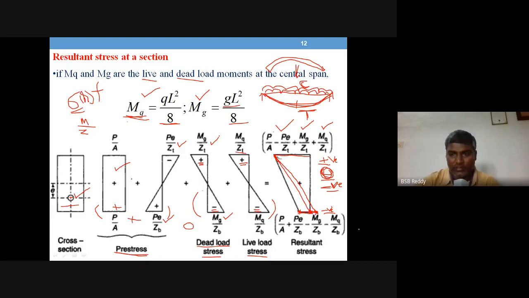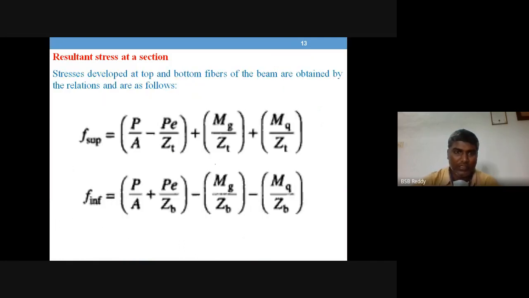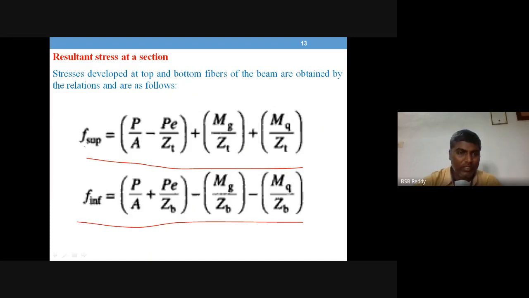Okay, so this is the final form of the resultant stresses when you have live loads and dead loads acting on it. This is going to be the formula to calculate, and you have to be sure about these negative signs and positive signs.